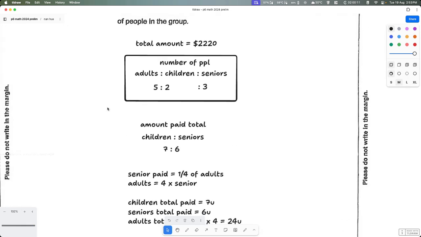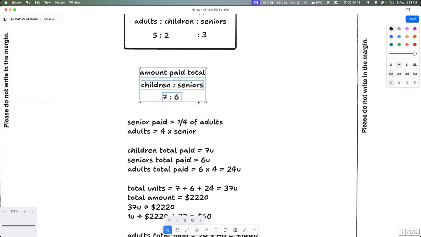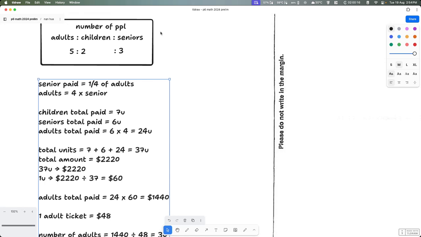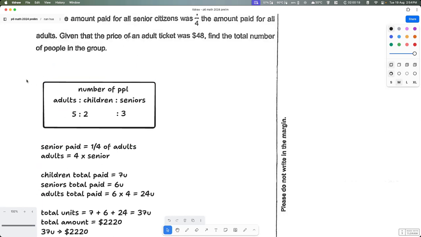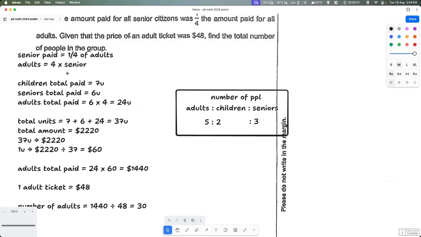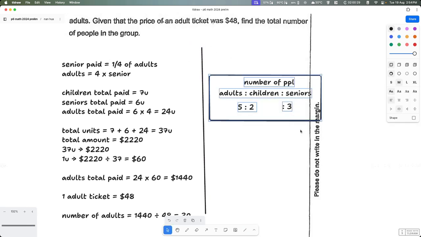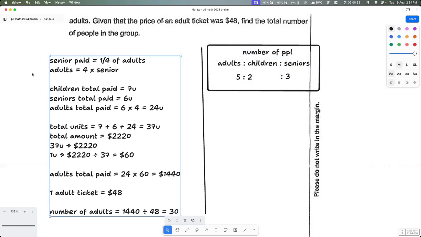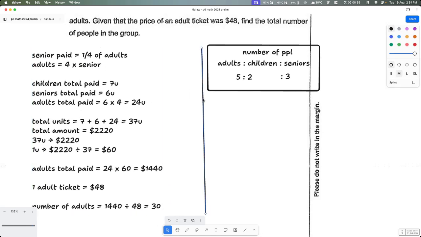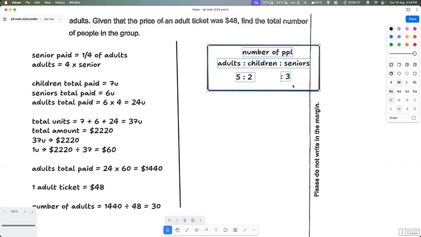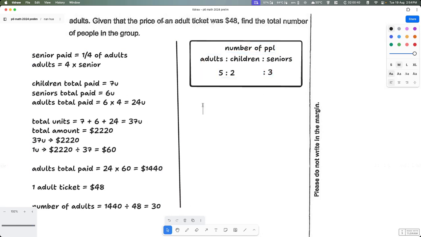30 adults. Okay, so now we know the number of people: adults is 5 parts, children is 2 parts, and seniors is 3 parts. So that means we can use the number of adults to calculate the total number of people. Adults is 5 parts, and adults is also equal to 30.